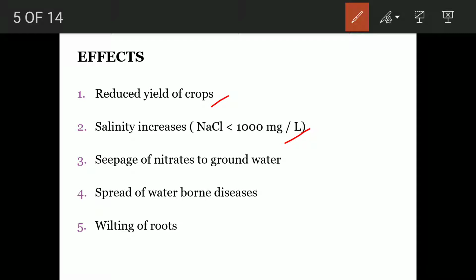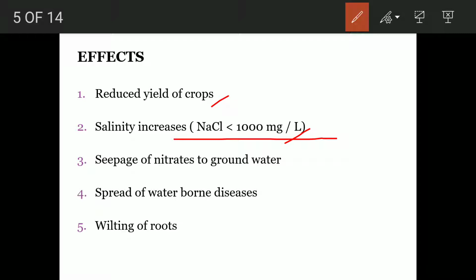Some are desirable and some are undesirable. When there is excess water, the whole salt will dissolve in this water and this will be taken by plants eventually. It is said that NaCl, which is a very important salt, its dosage in the soil must be less than 1000 mg per liter.